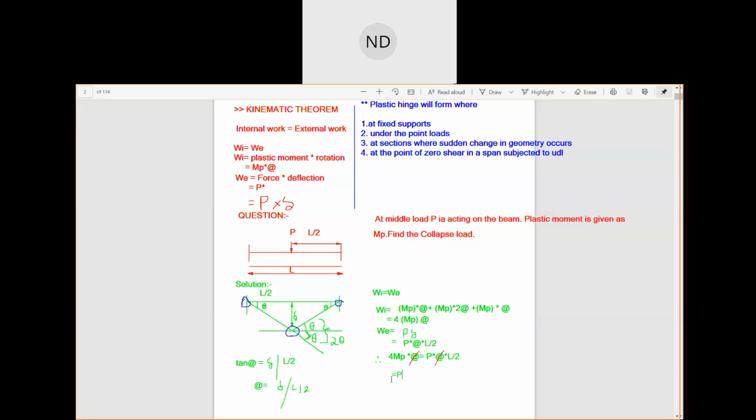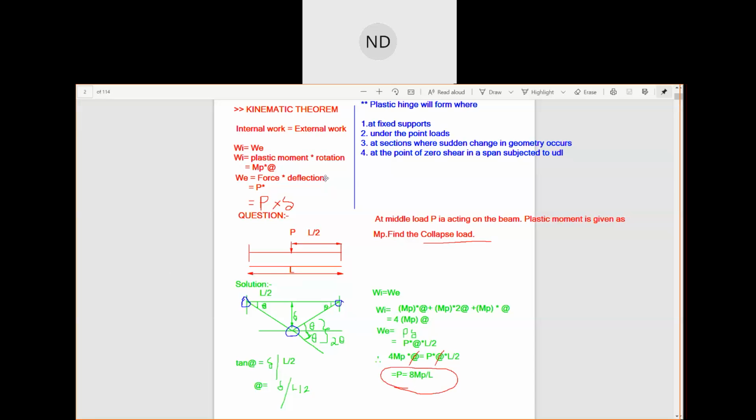So we can get our load to be how much? 8 MP divided by L. This is your collapse load.